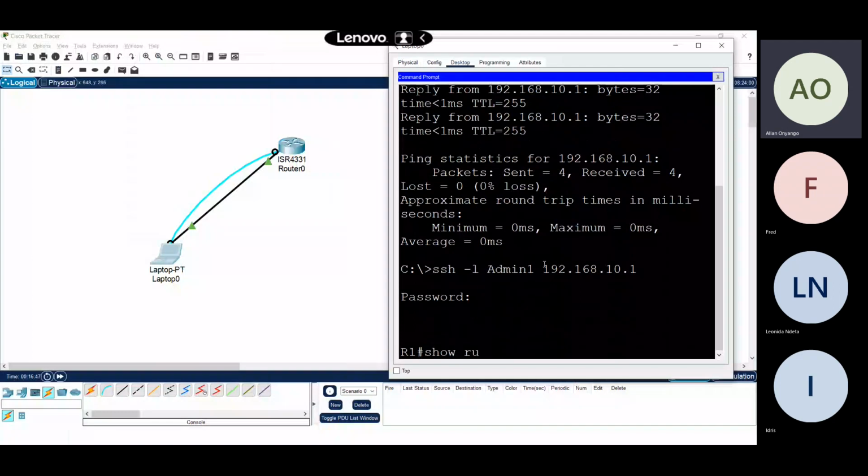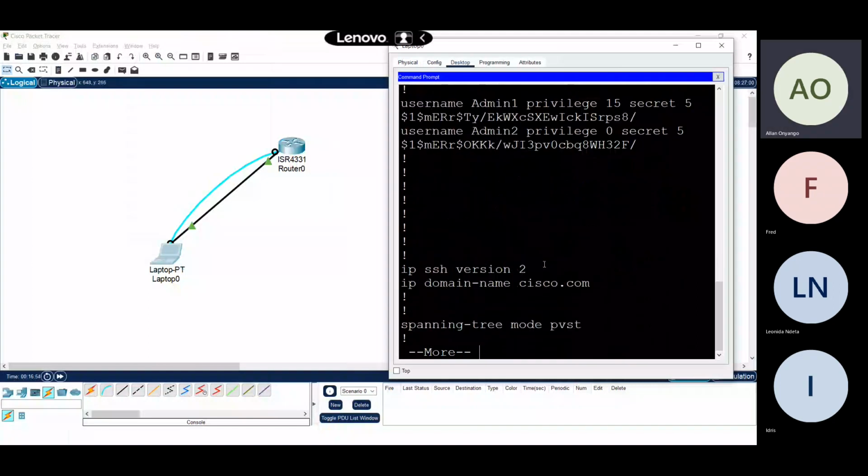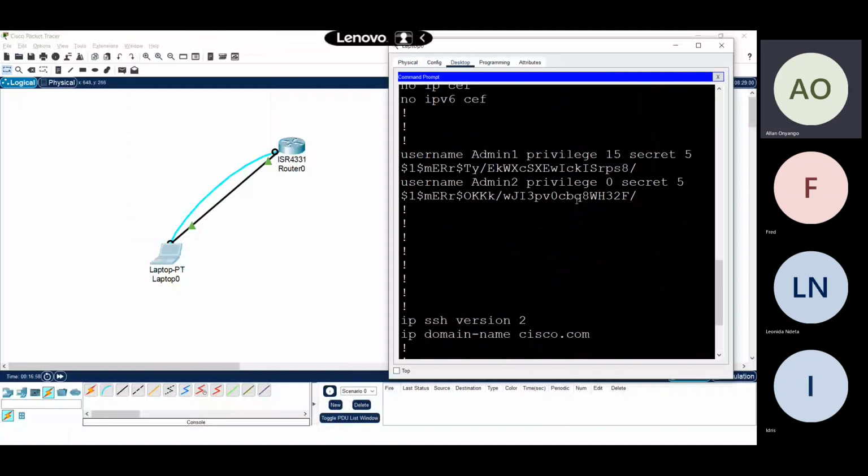Now we can do so many things. I can say show run, for example. You can see some of the details of the router here, the details we had configured. Admin1per55 secret. Do you know we said admin1per55? Can you see it has been encrypted here? You can't even know that is the password.